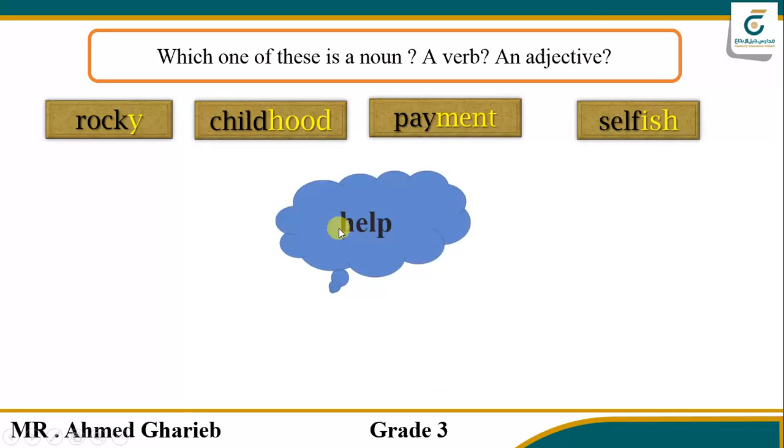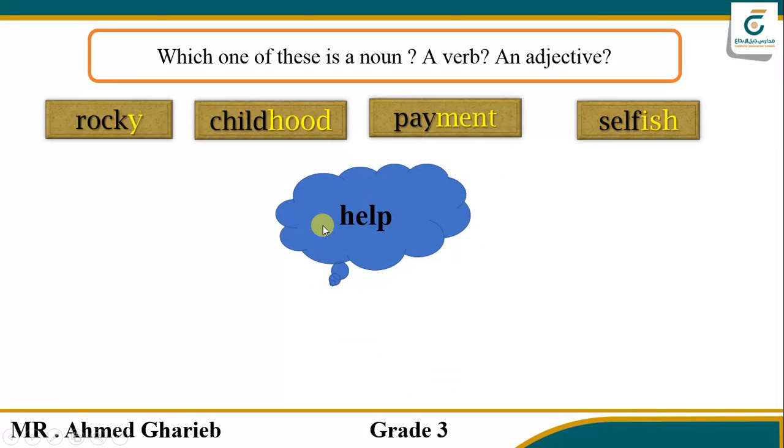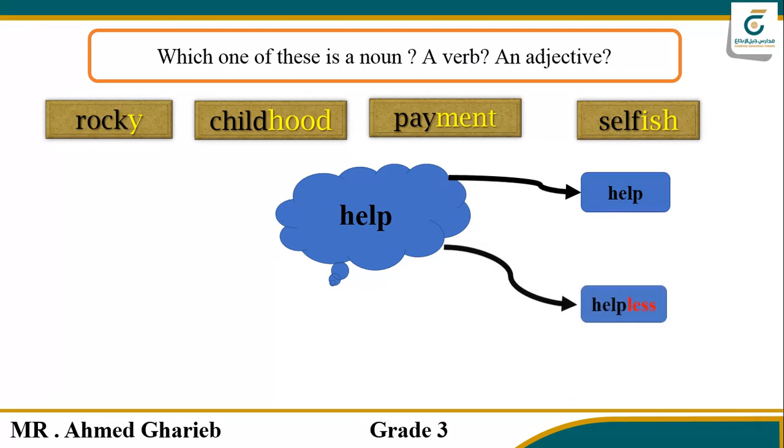Okay, what's the benefit of a suffix also? So look at this word help, okay? Help can be a verb and it can be a noun, so I can use it as a noun. Can you give me help? I am asking for help, for example. Also, we can say helpless, so unable to help yourself or others.